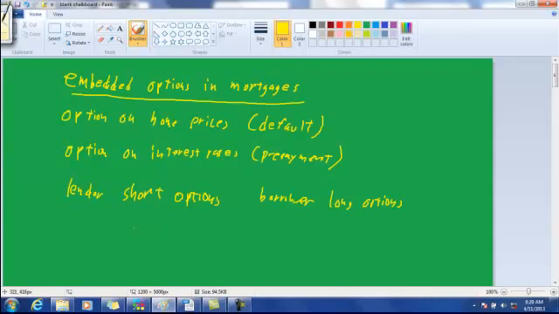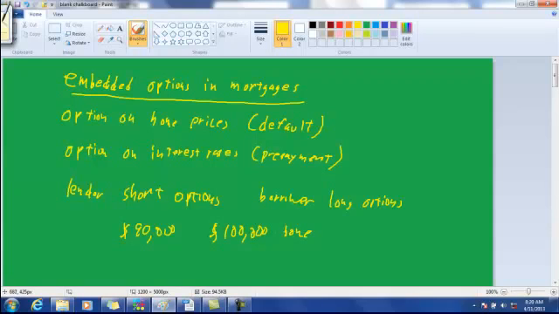So it's pretty simple that when you own a home, you've borrowed. Let's say you've borrowed $90,000 on a $100,000 home, and you get in trouble. You've lost your job, or you can't make the payments.